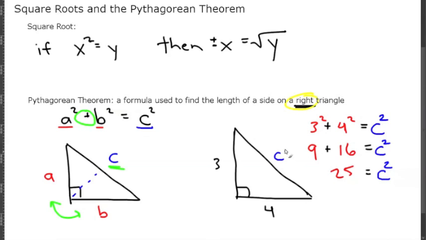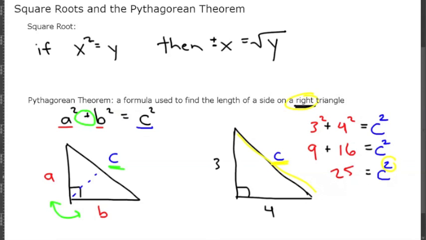But what I asked us to find is this c right here. We're looking for the length of this side. In the formula, the c is squared, so we have this squared right here that we need to somehow get rid of so that this can just be c. But remember that if x squared equals y, then x is the square root of that y. So c is the square root of 25.